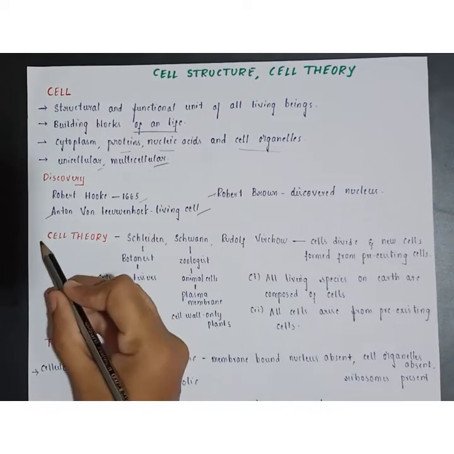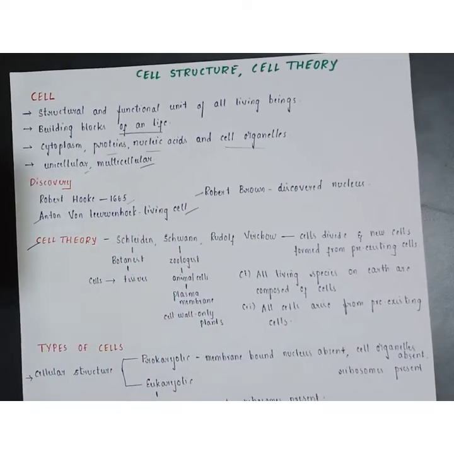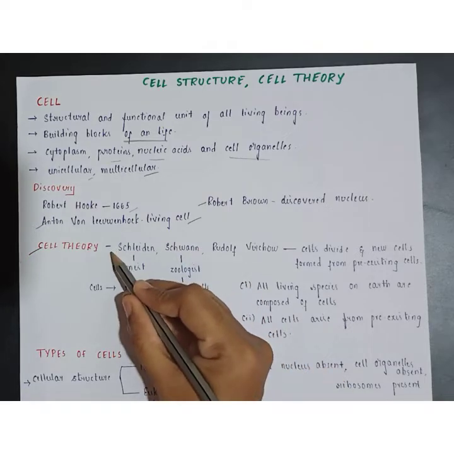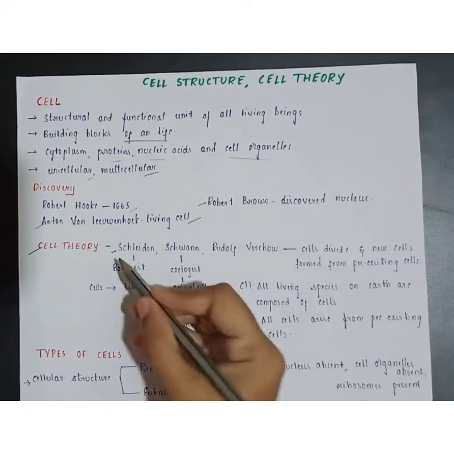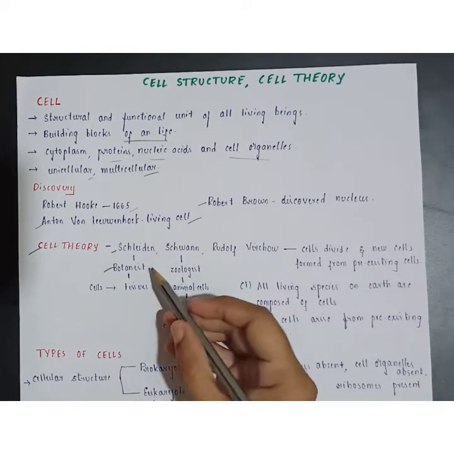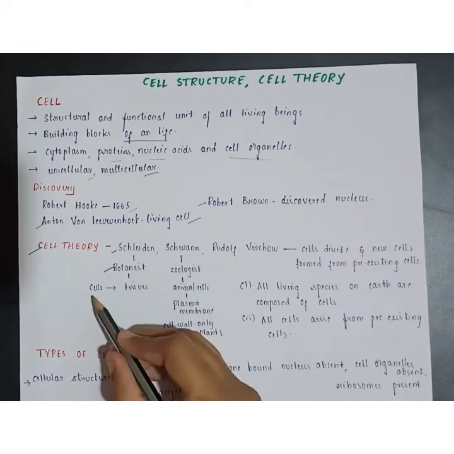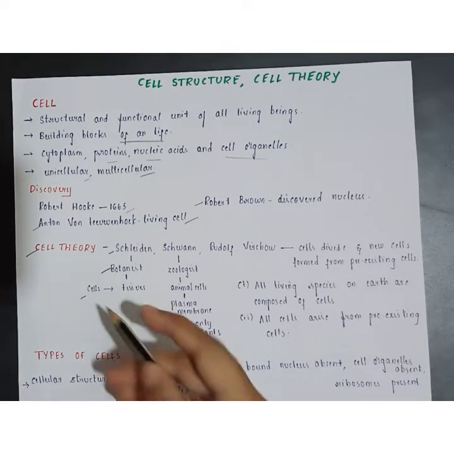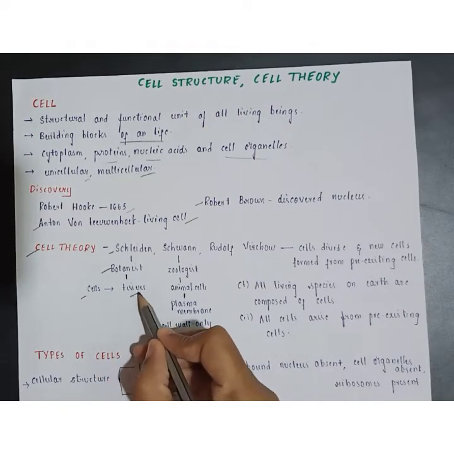So let us discuss the cell theory. Schleiden, a German botanist, first observed that living organisms contain different cells, and that cells combine together to form tissues.